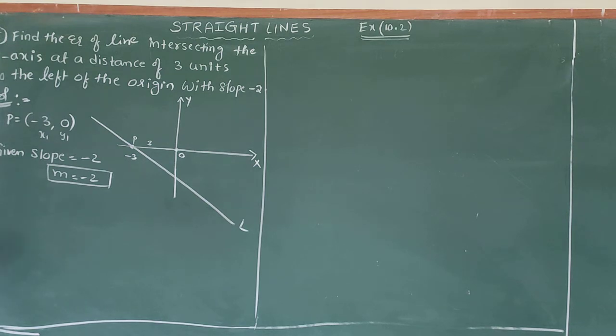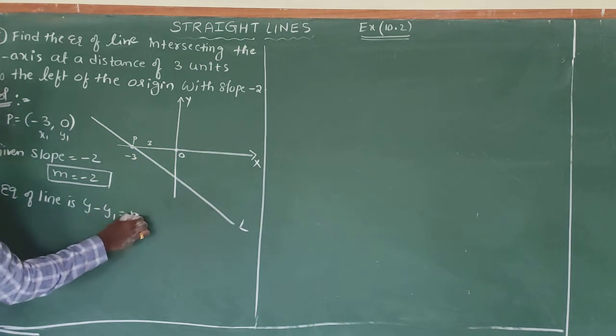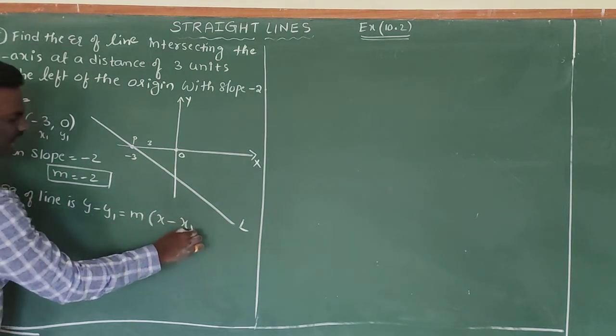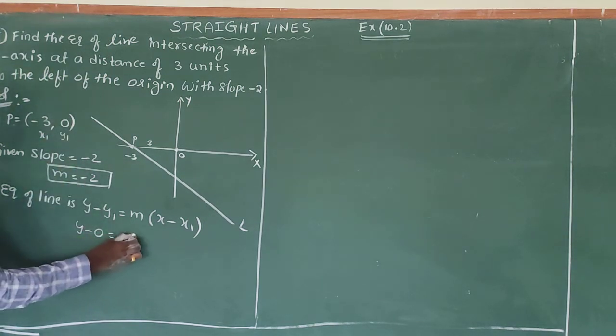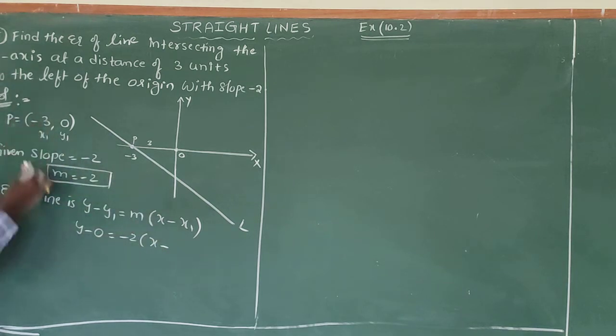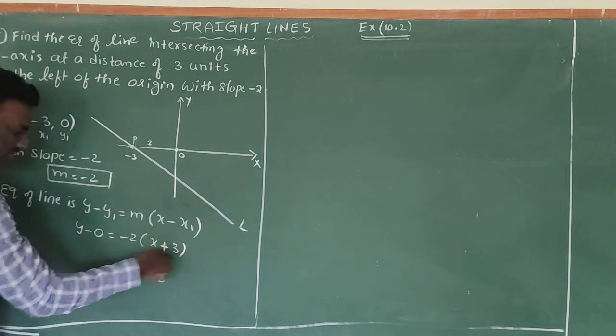Finally, we know point and slope. We can use point slope form. Therefore, equation of line is y minus y1 is equal to m into x minus x1. Substitute: y minus y1 means 0, that equals m into x minus x1, which is x minus -3, already minus is there, so x plus 3.